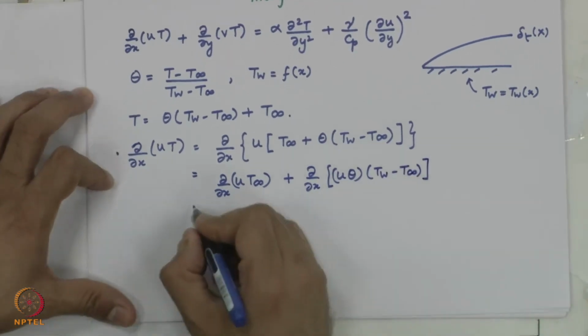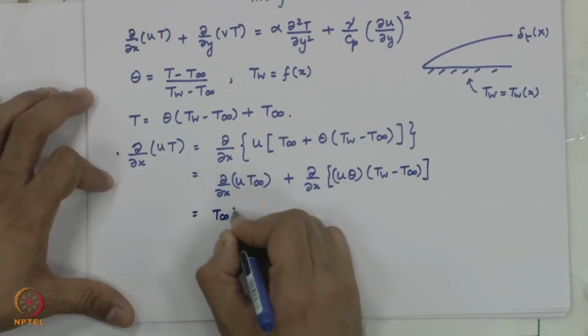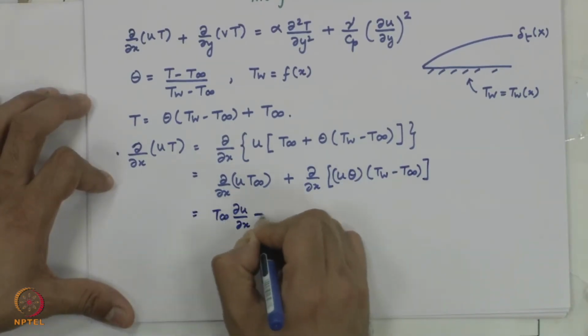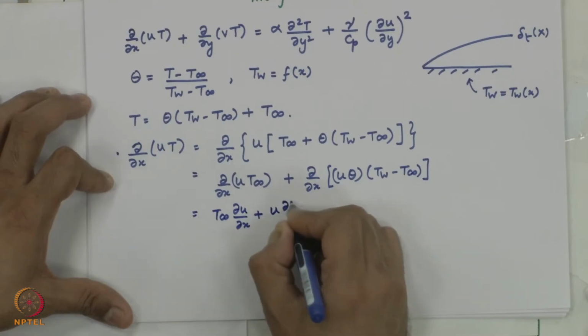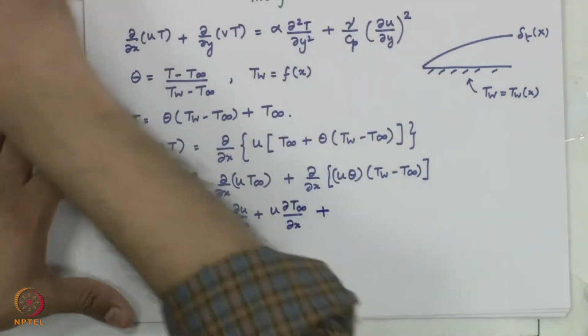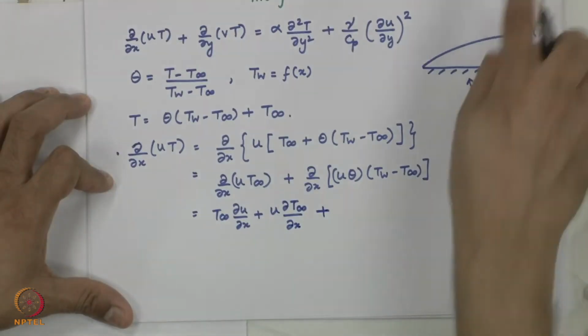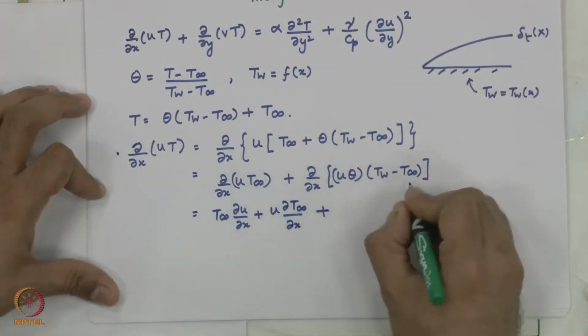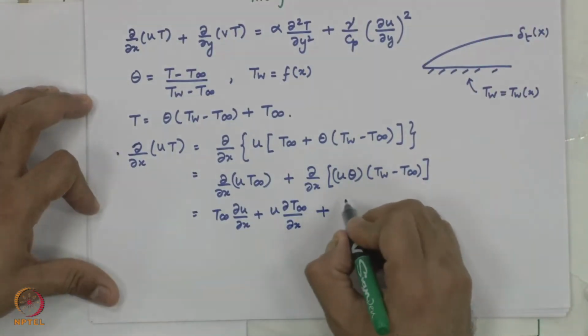Now, I will differentiate this. This is T infinity du by dx plus u d of T infinity with respect to x plus, I am going to take u theta as one term and T wall minus T infinity as the second term.